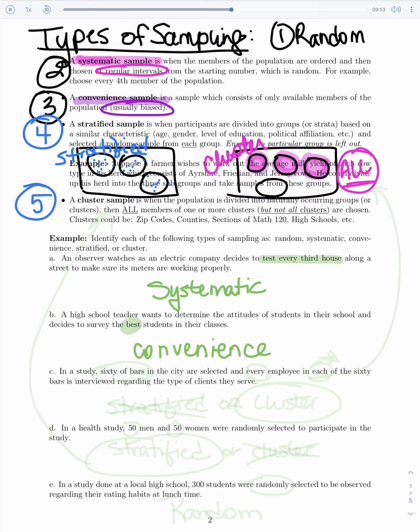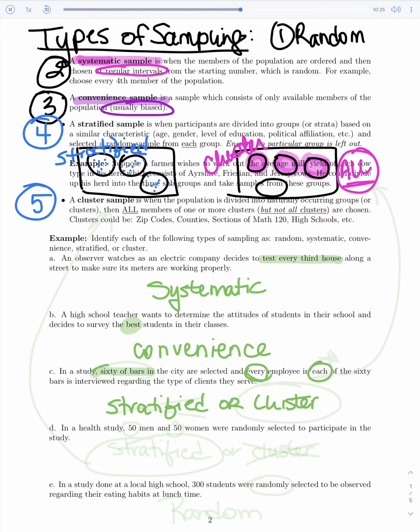Take a look at the next one. In a study of 60 bars, right off the bat, we're looking at 60 groups. So we're looking at either stratified or cluster, the two that break things up into groups. Question is, which one? In a study, 60 bars in the city are selected, and every employee in each of the 60 bars is interviewed.